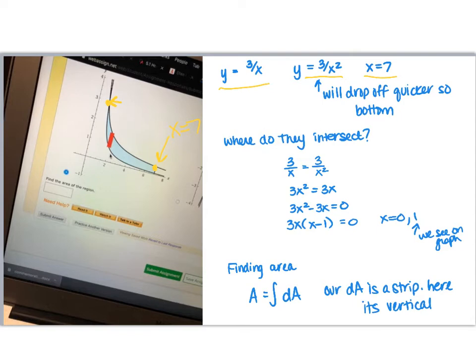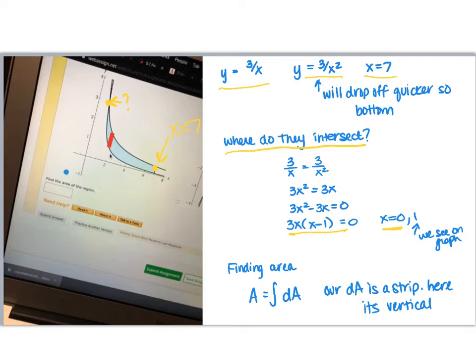In order to figure out what this was, I wanted to answer the question, where did the two curves intersect? So I set them equal to each other, because if they have the same y value, we'll find the x where they have the same y value. I ended up finding there's two values where they intersect.